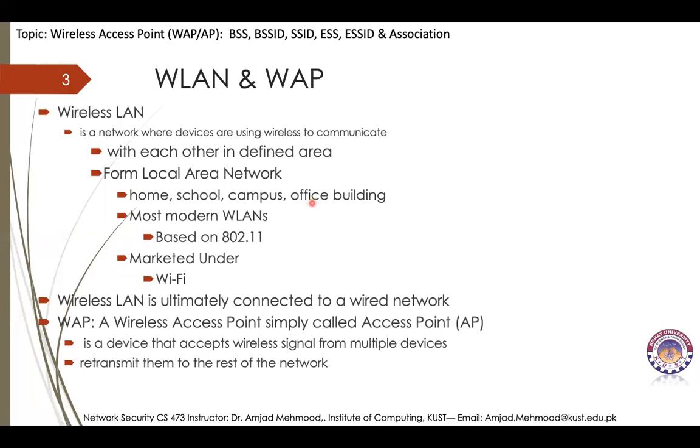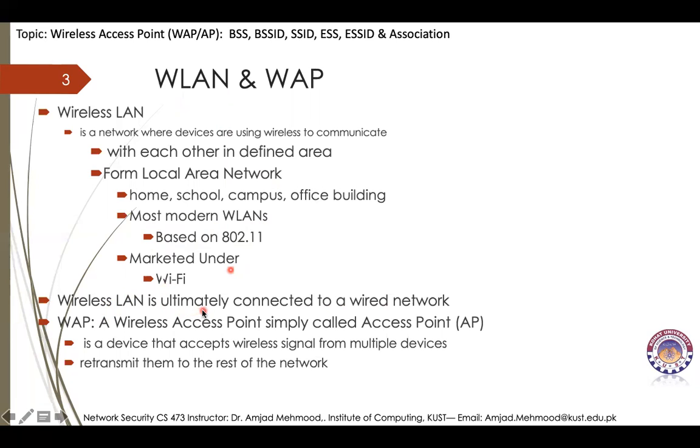If you want to make a network of these, you can call it a WLAN. Most modern wireless LANs are based on 802.11. This is an IEEE standard, and it is marketed under Wi-Fi or wireless fidelity.